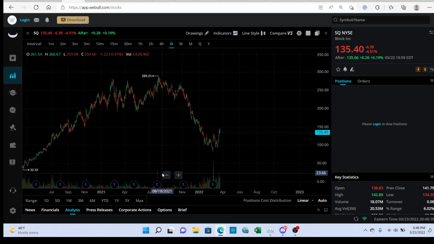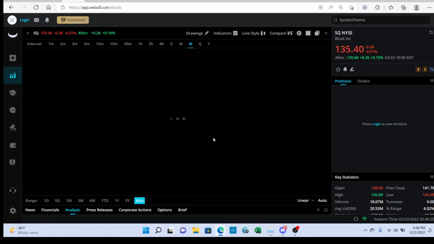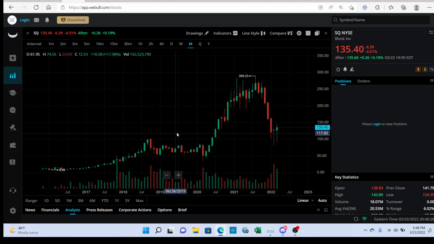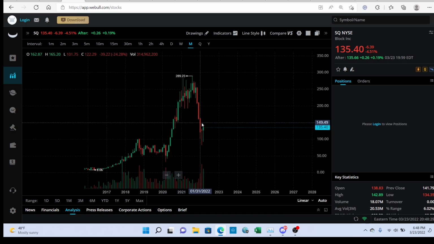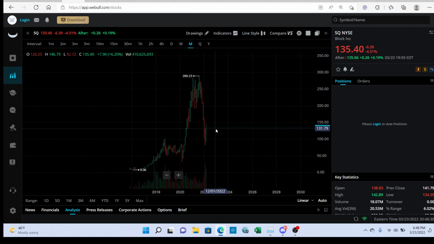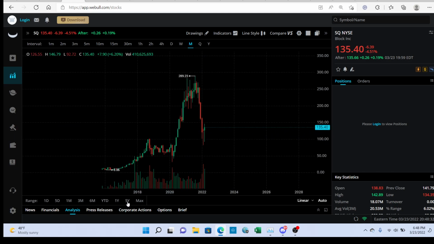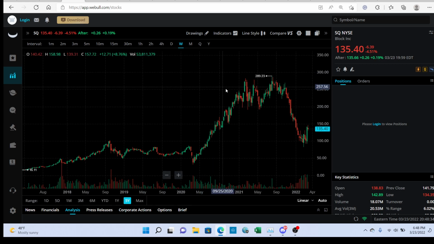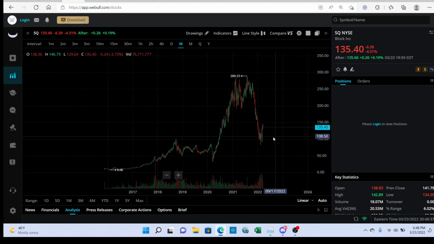So starting with Square, the first thing I'm going to do is zoom out. And we could see that this chart doesn't look too good, so let's go to the 5-year and see if we can find any sort of trend.